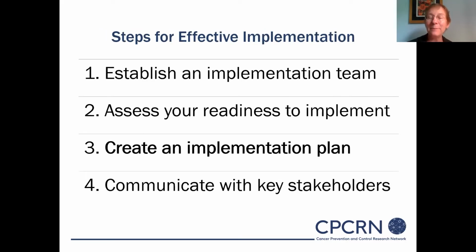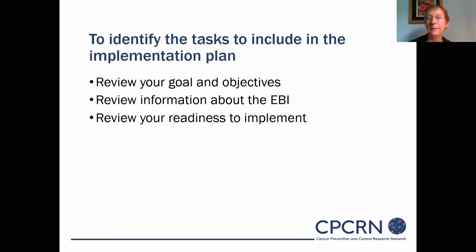The next step for implementation is to create an implementation plan. And so in making your plan, you can review your goals and objectives, review information about the evidence-based intervention. What do we know about what needs to happen for this intervention to be put into practice, and review your findings from your readiness to implement.